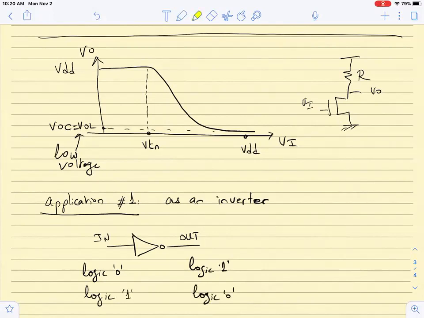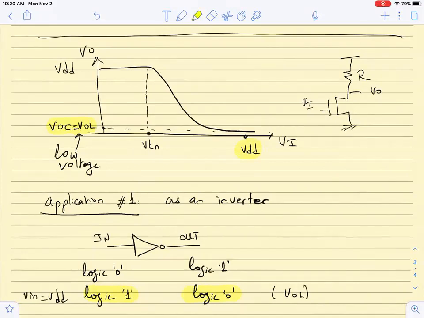So let us look at this: I am inputting logic 1 and I am getting a logic 0. If my input is equal to VDD, then I will get a low output. The output will be equal to VOL.